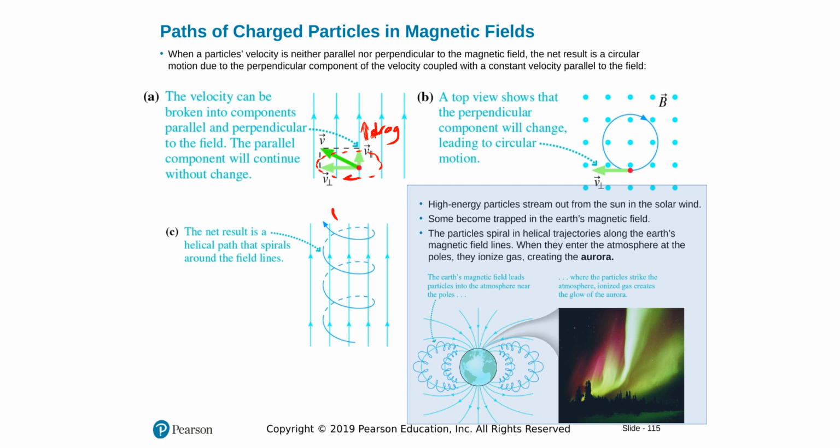So we will have this type of a motion, the helical motion, which is exactly what particles from the sun do around the Earth's magnetic field. They rotate around, they rain down into the atmosphere, they collide with the particles in the atmosphere and cause beautiful displays, as we call auroras.